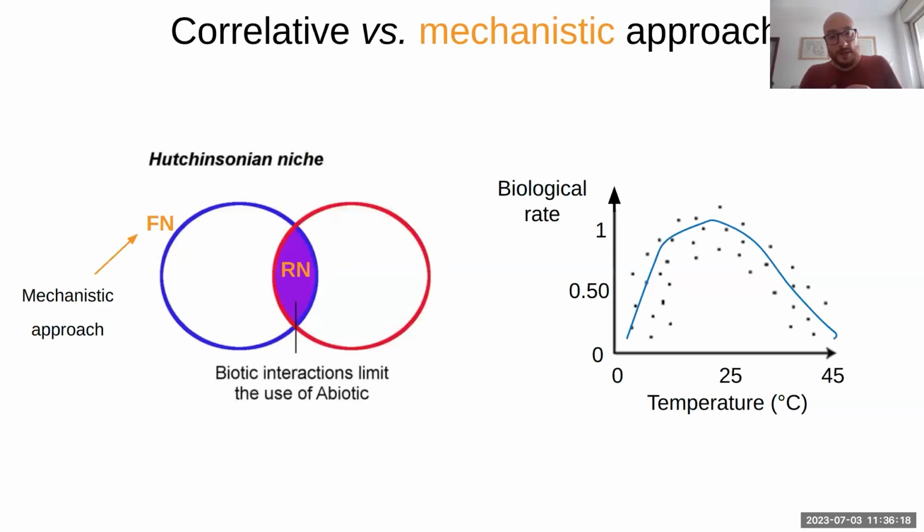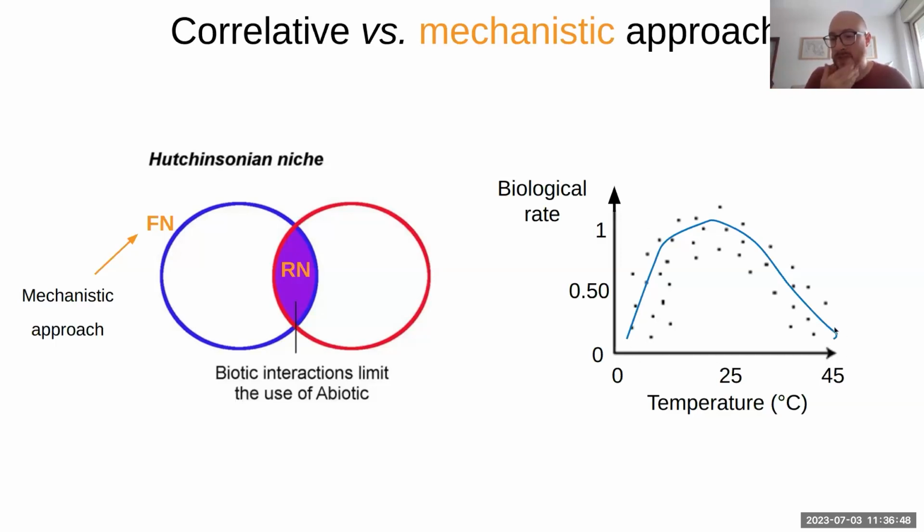And the goal of the mechanistic approach is often to model essentially the fundamental niche, because often what we do is try to link a given life history trait, a biological rate of the species, such as, for example, the egg hatching rate, to an environmental variable, such as the temperature.